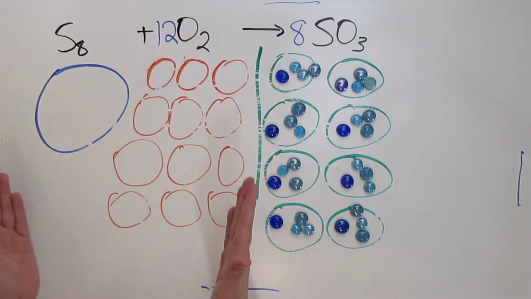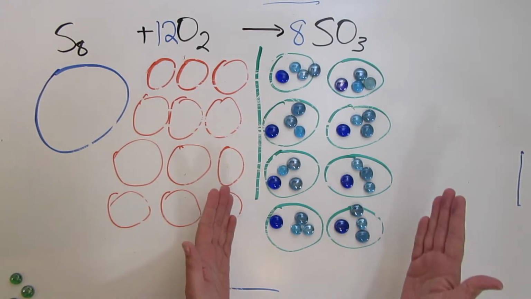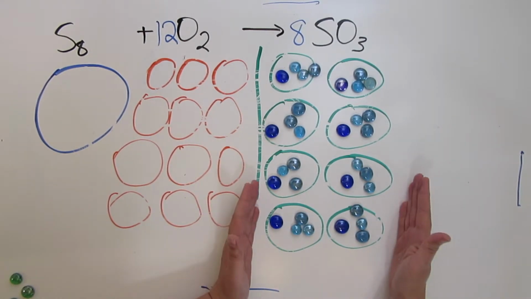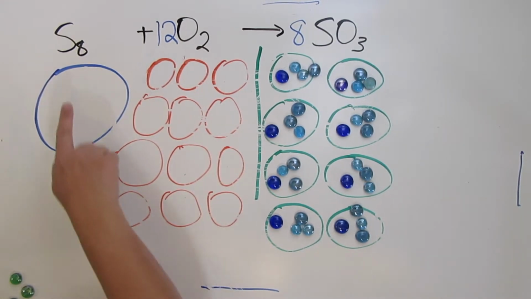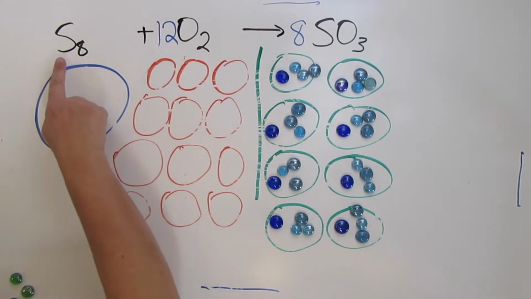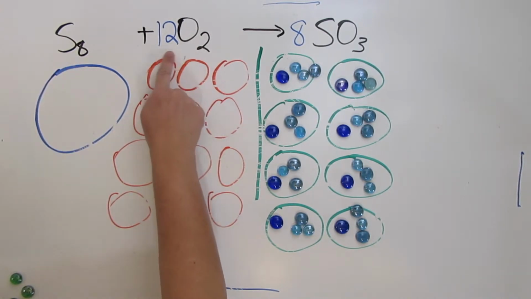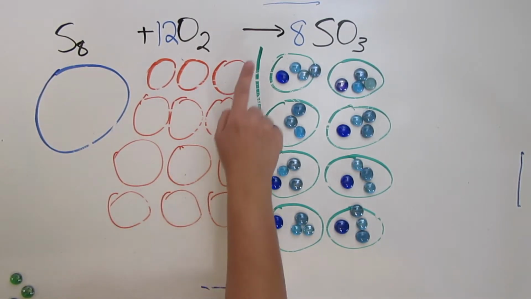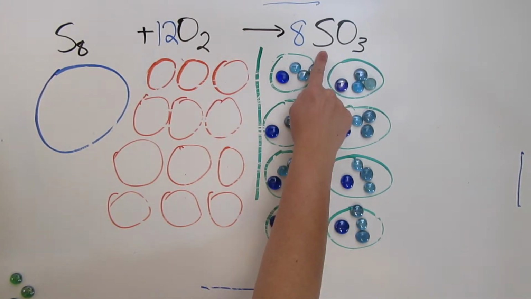So we have used up all of our reactants and we have made complete molecules on the product side of the reaction. So here's our balanced equation at the top. 1 sulfur 8 molecule, 12 molecules of oxygen gas combine, that's what this arrow means, to form 8 molecules of SO3.